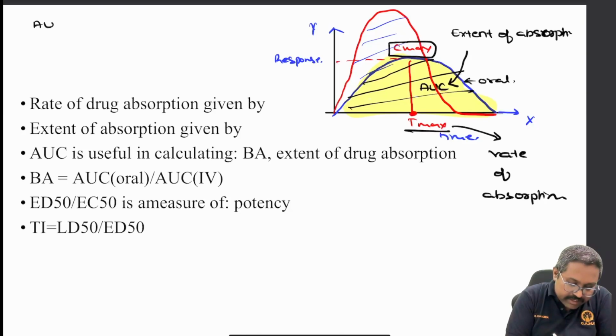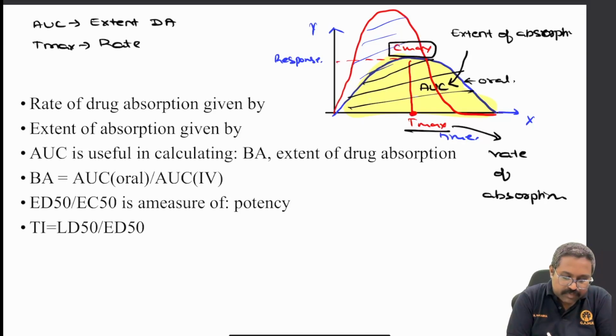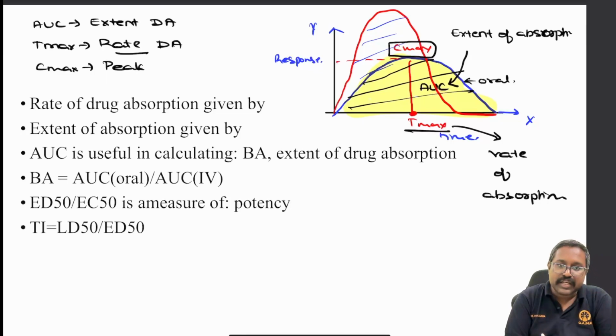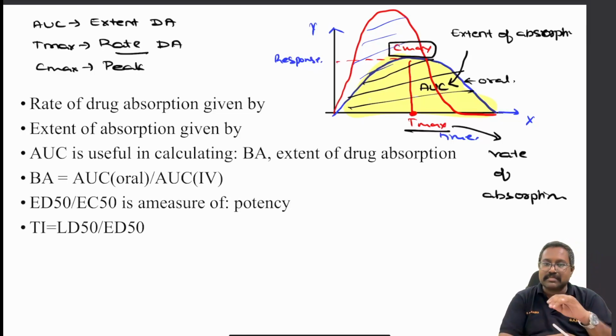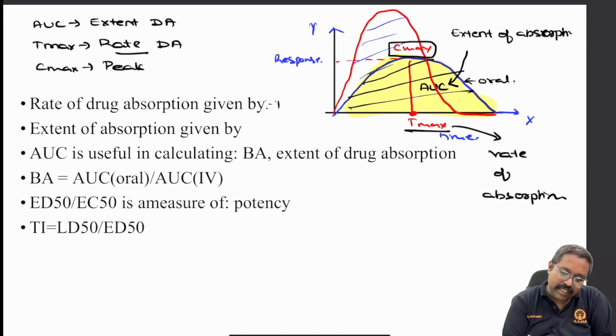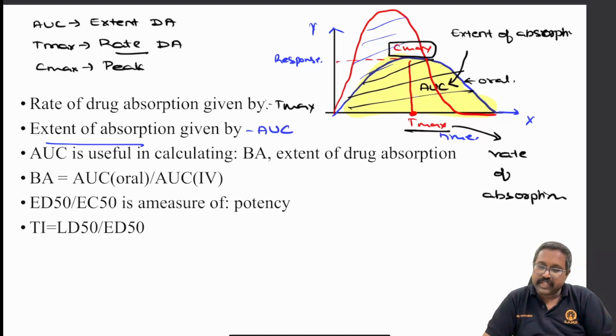Area under the curve represents the extent of drug absorption, whereas Tmax tells you about the rate of drug absorption, whereas Cmax tells you about the peak or highest concentration that the drug reaches in the plasma. So the rate of drug absorption is given by Tmax, whereas the extent of absorption is given by area under the curve. This concept you should remember, because this has been asked many times in your exams.